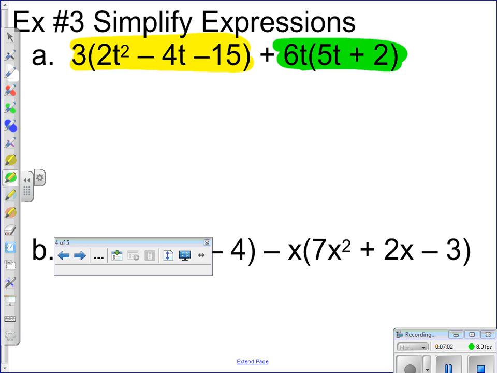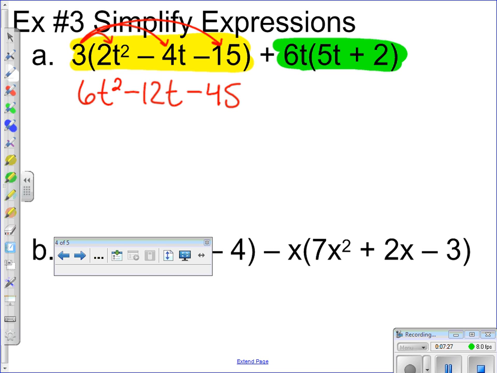So first up, 3 times 2t squared. 3 times 2, 6t squared. 3 times negative 4t, negative 12t. And then 3 times negative 15 makes negative 45. Okay, that takes care of the yellow part.